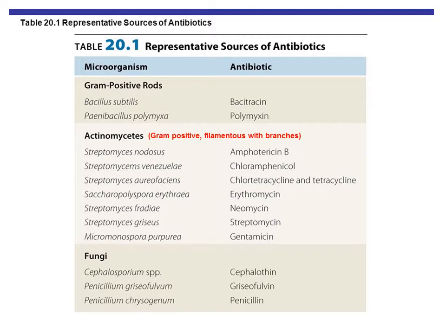In this slide, we're looking at different examples of bacteria that produce antibiotics. Again, the family actinomycetes are gram-positive, filamentous with branches. The majority of these are streptomycetes. So the most common bacteria that will produce the antibiotics will belong to this category.